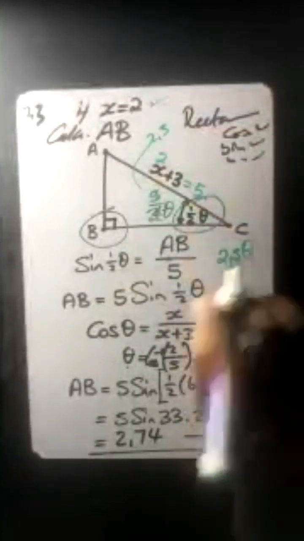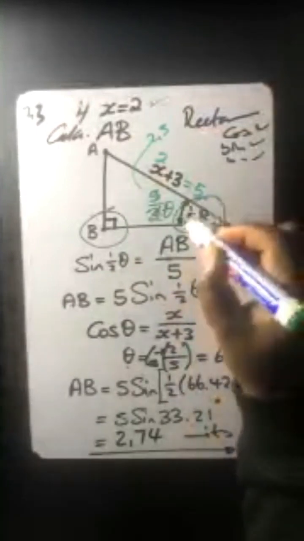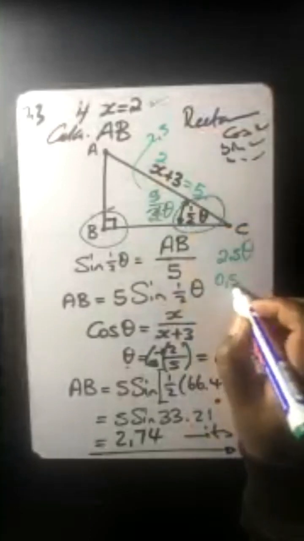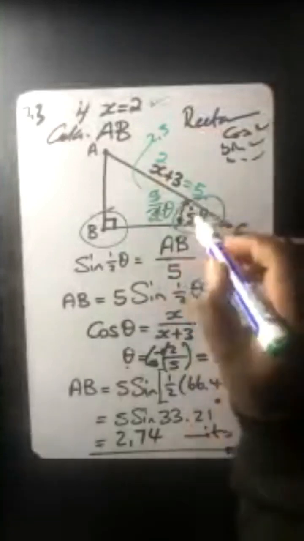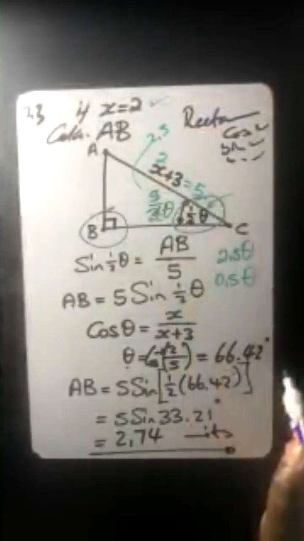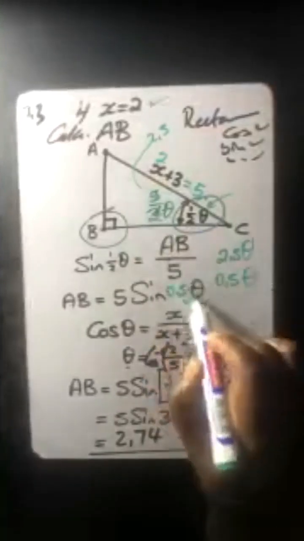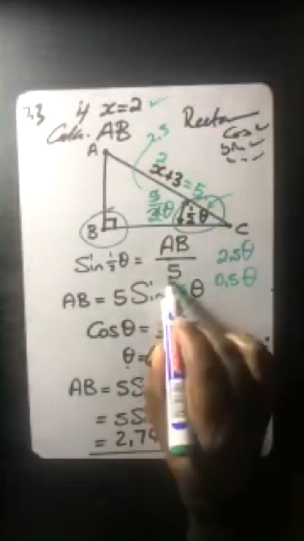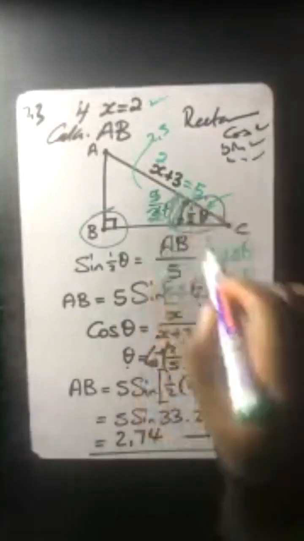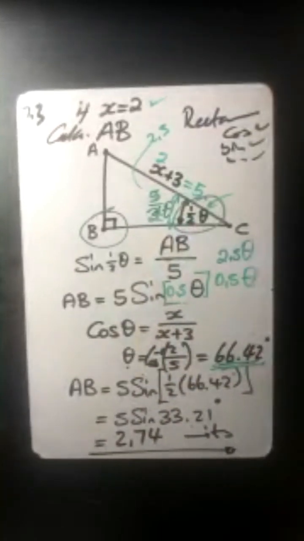You no longer need to deal with the fractions. Similarly, this one is the same as 0,5, so they're saying this angle is half of theta. You can just substitute it as 0,5 theta. Because theta itself is 66.42, this angle is half of 66.42. That half is there just to confuse you.